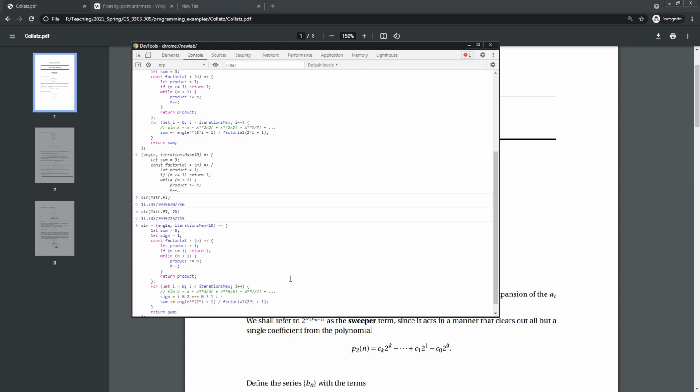And when it's odd, then it's negative. So now we have this sign, and we'll just add that to the term, right? So now we have a positive 1 times x, negative 1 times x cubed, positive 1 times x to the 5, negative 1 times x to the 7. Okay, so let's see if that solved our problem.